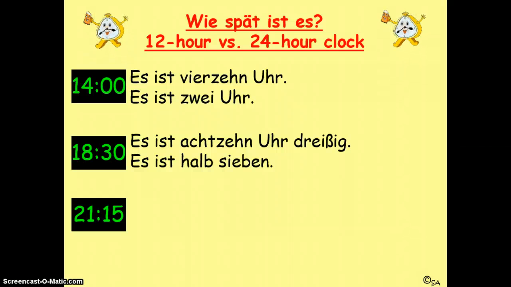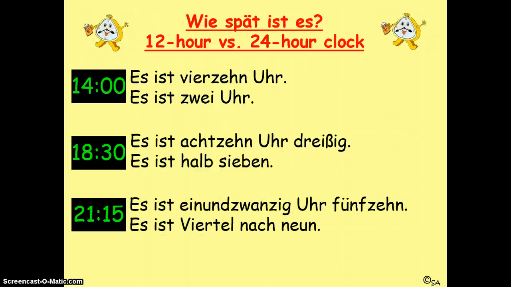If you want to say 9:15 p.m., using the 24-hour clock, you would say es ist 21:15 Uhr, so it is 21 o'clock 15. If you were to use the 12-hour clock, you would say es ist Viertel nach 9, it is 9:15. So you again notice the expression quarter past does not exist in the 24-hour clock. You only use those expressions using the 12-hour clock.